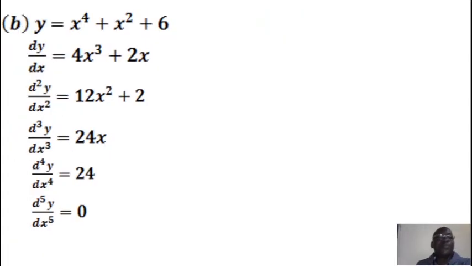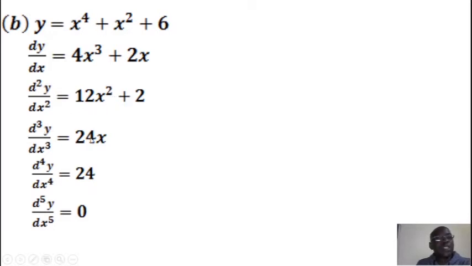We keep going. The second one, we are given y to be x raised to power 4 plus x squared plus 6. The first derivative will give us 4x raised to power 3 plus 2x. The second derivative, the derivative of the first one, gives us 12x squared plus 2.